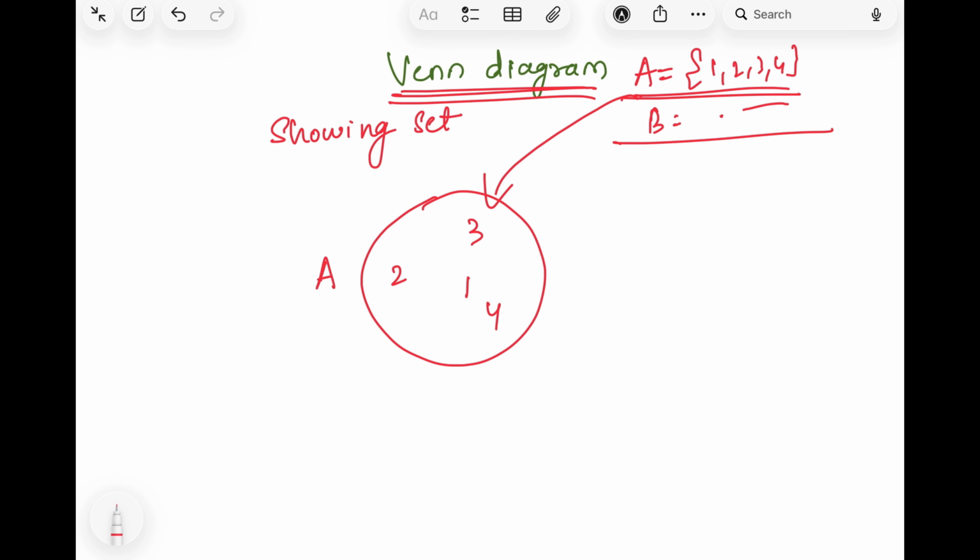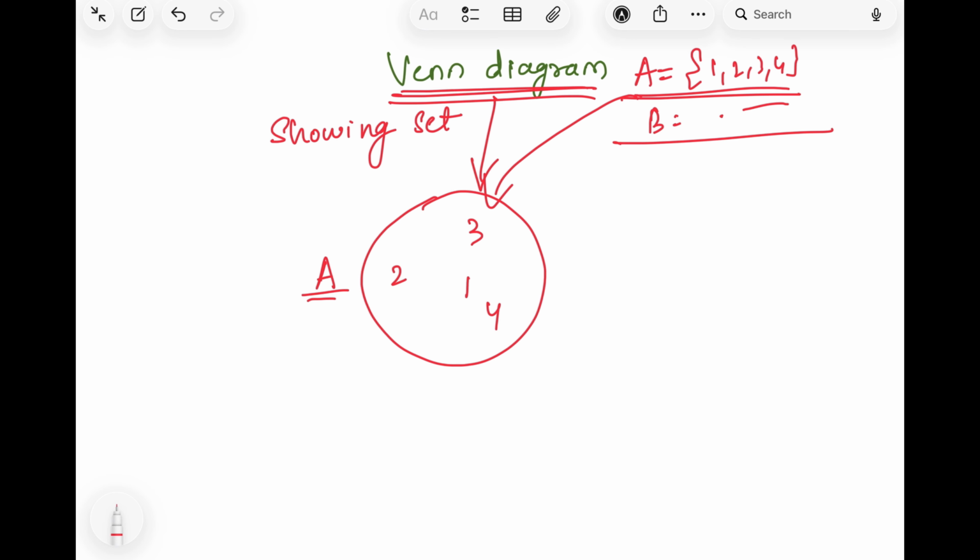So this is a Venn diagram. We write the set again, but this time the set is not written in curly brackets. It is written in diagram form in a circle. So it is again a set only, but we write it in the diagram form.